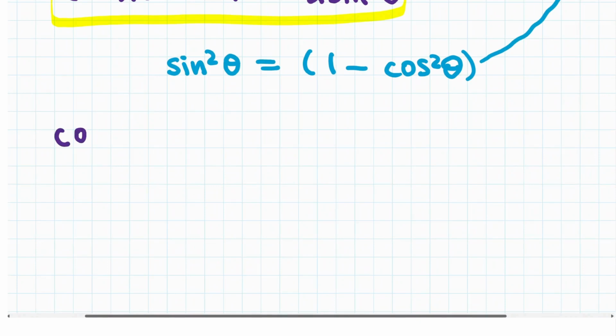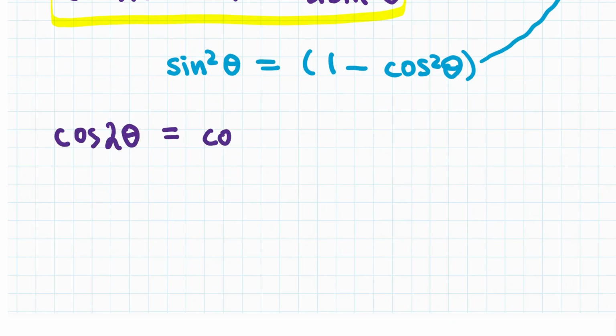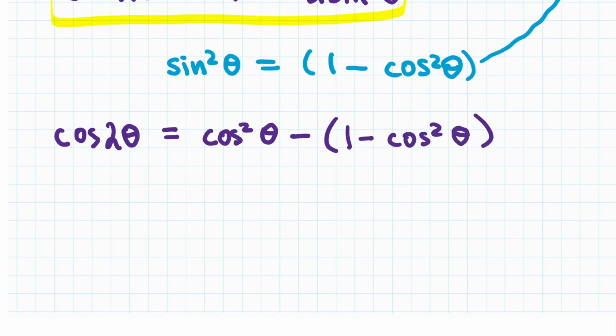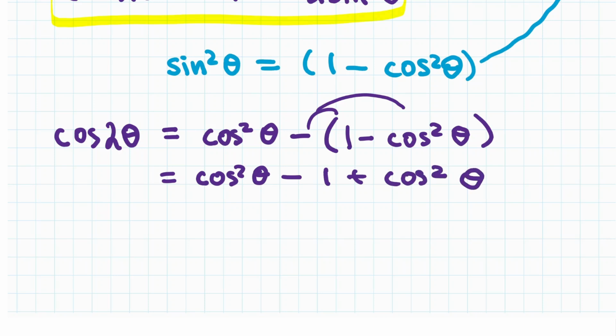We have that cos 2 theta equals cos squared theta minus, again we're subbing this in for sine squared theta, so minus 1 minus cos squared theta. Let's expand out our negative to both of these terms, which means that we have cos squared theta minus 1 plus cos squared theta.